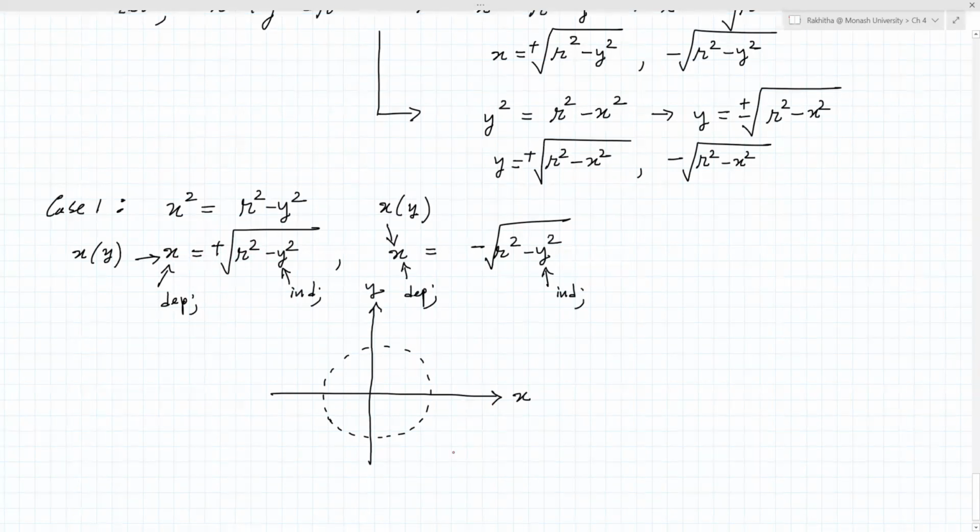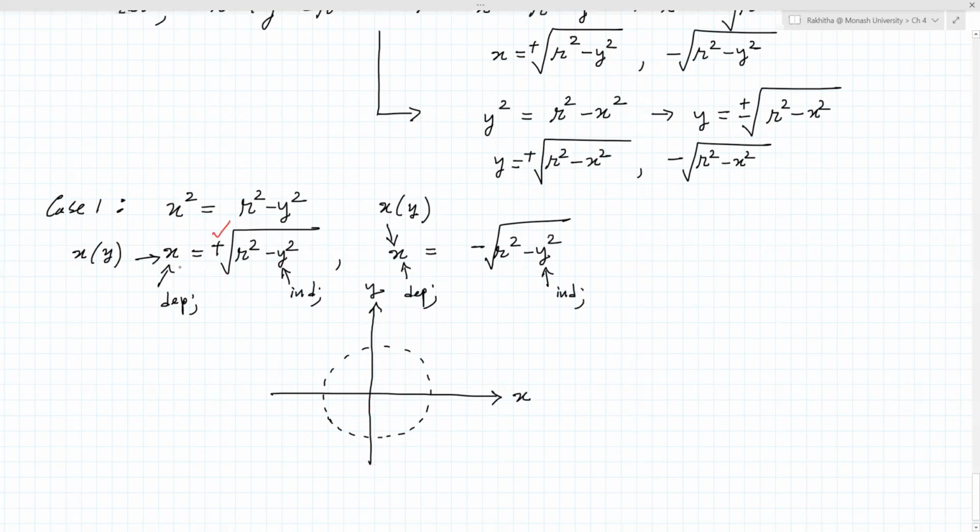Now we have to understand what is the independent variable. Independent variable would be y. Now y is changing, so y can change like this. You can see my cursor. Y can be positive, y can be negative. When y goes to positive, you have to see x positive values. When y goes to negative, still you have to see x positive value because of this positive, right?